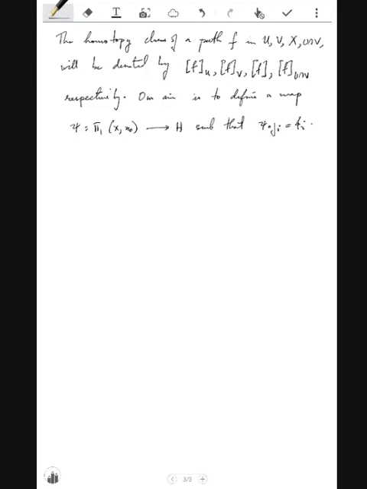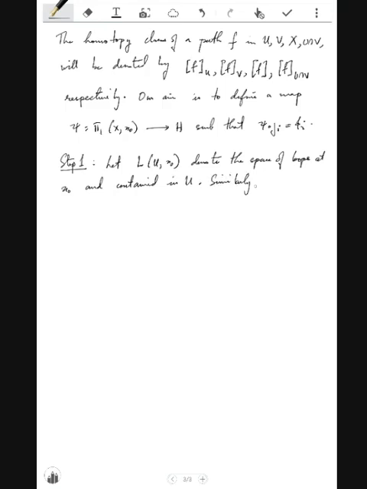So step 1. Let L(U, x0) denote the space of loops at x0 and contained inside U. So these loops are completely contained inside U. Similarly, we have L(V, x0).